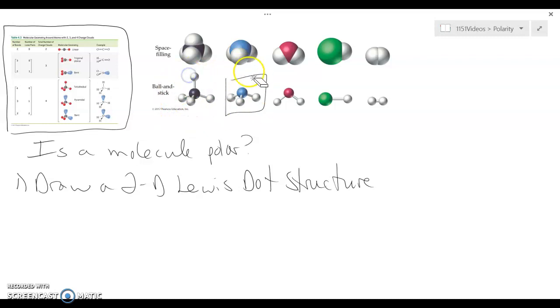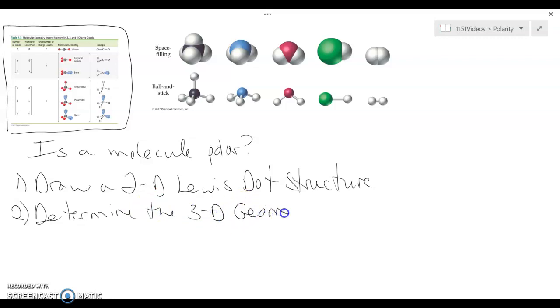Okay, you need to be in the habit of, when you go on to step 2, which is determine the 3D geometry of the molecule, saying, okay, I need to know not just the name of that, but what it generally looks like in the three-dimensional world.